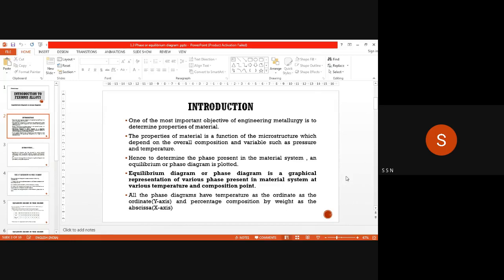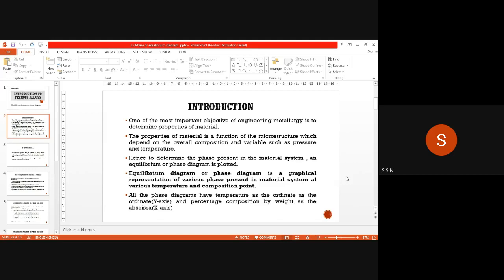Composition means what? Suppose an alloy is there, then inside the alloy, two different metals will be there. If we change the percentage of addition of different materials inside the alloy, then that will be a change in the composition. So change in the composition as well as change in temperature. These two things we will consider and we will draw the phase diagram.